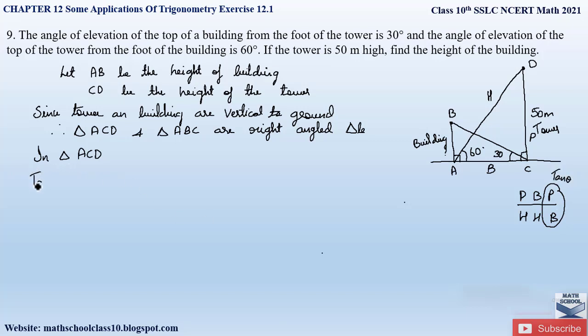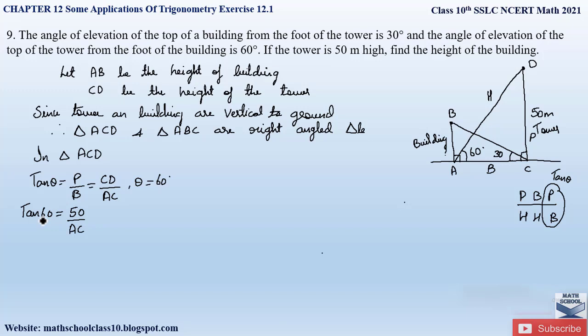So therefore tan theta is equal to perpendicular by base, where perpendicular is CD and base is AC, and theta value is 60 degree, right? So tan 60 is equal to CD is how much? It is 50 meter, and AC we have to find out, which is the base.